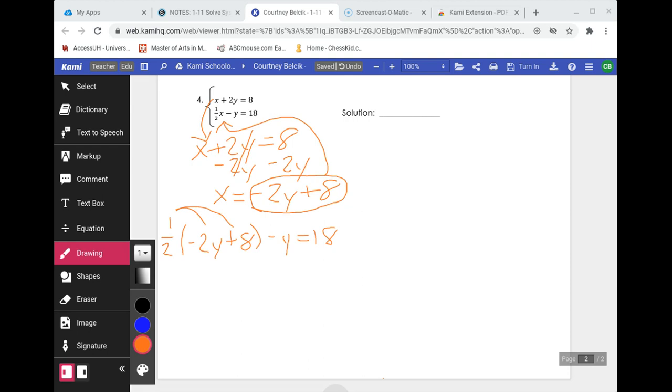So half of negative 2y is negative 1y. Half of a positive 8 is a positive 4. I still have minus y, and that still should equal 18. So I'm going to give you a moment to continue and finish solving for y in this equation. So pause your video and try to continue.